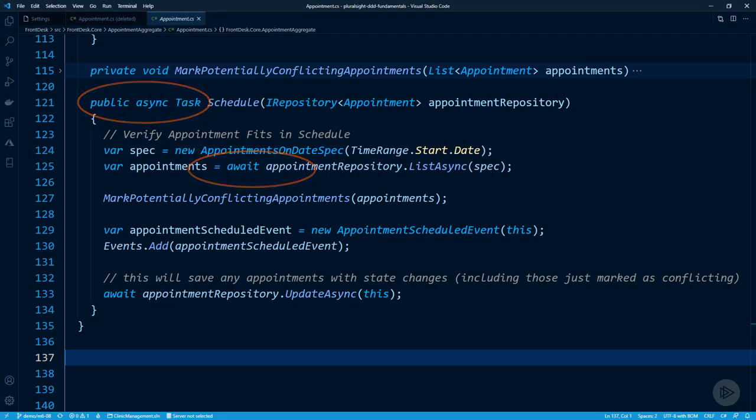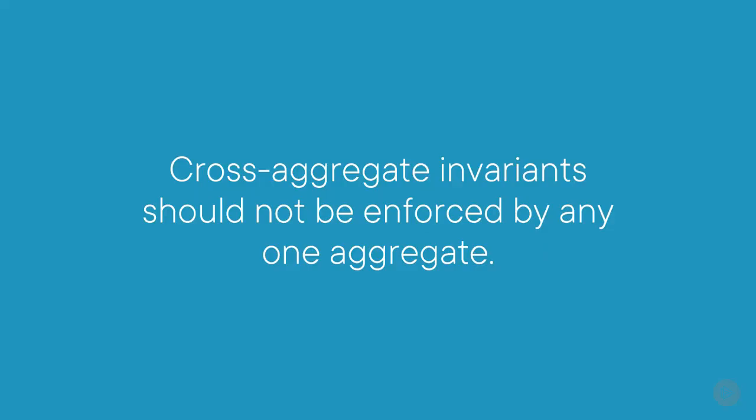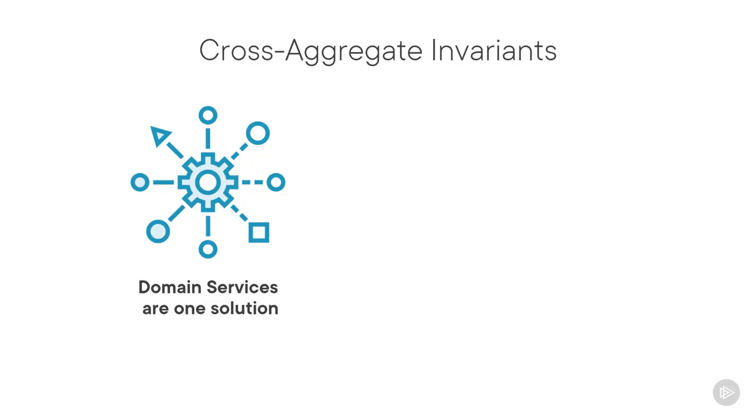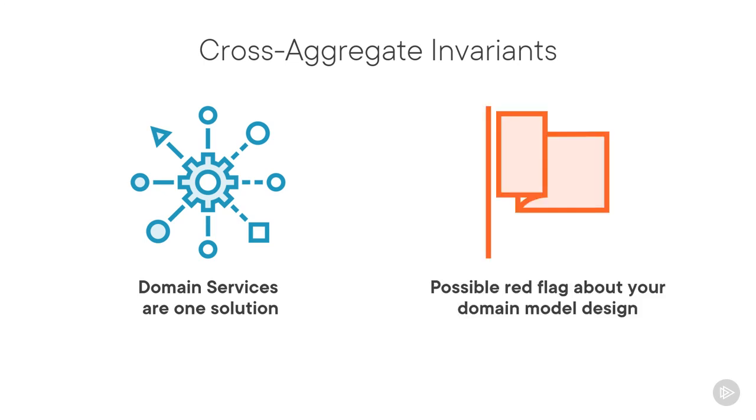The real problem here, from a DDD perspective, is that cross-aggregate invariants should not be enforced by any one aggregate. In the case of something like a unique constraint between all aggregates, you might need to use a domain service or another approach. However, in other cases, the need to do this may indicate that you've missed an important part of your model.